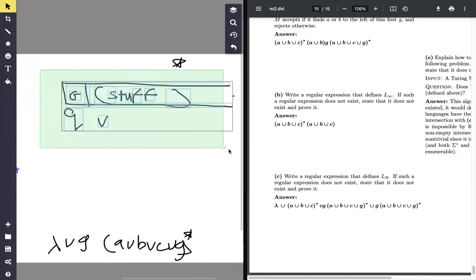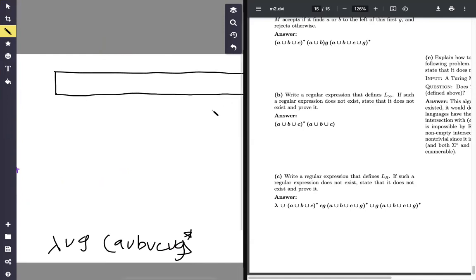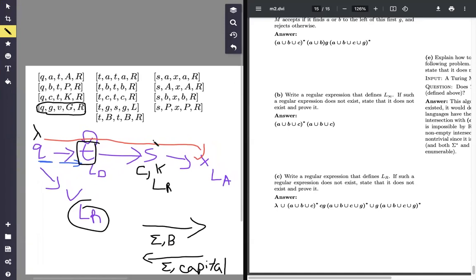And now let's try to reject on state S. So we need to get to state S. How do we get to state S?